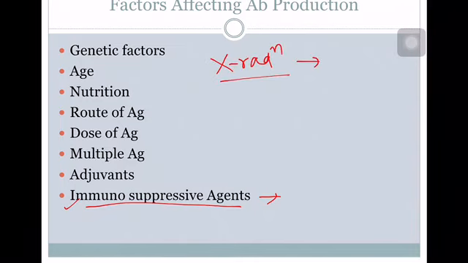The antibody production decreases after 24 hours of receiving radiation. If antigen is given 2 to 3 days before the irradiation, then the antibody response is actually enhanced. The primary immune response is more radiosensitive than the secondary immune response.